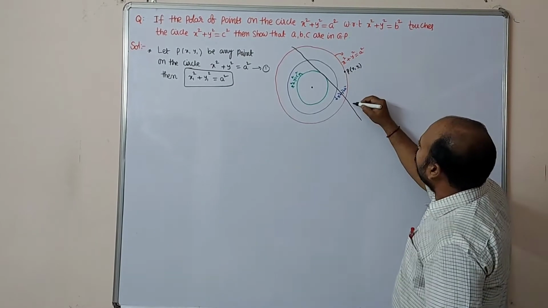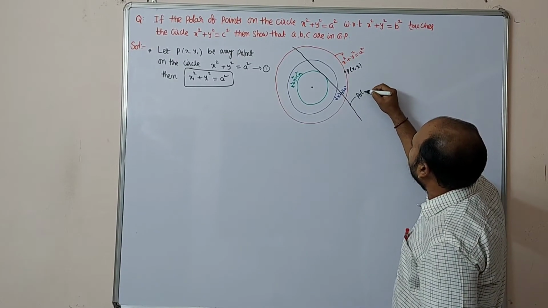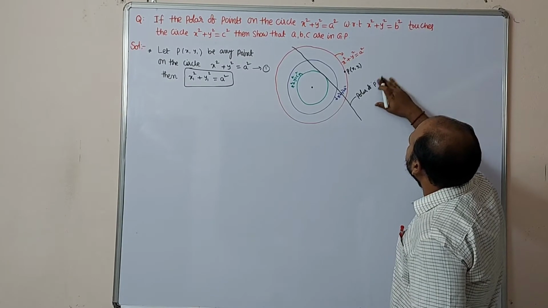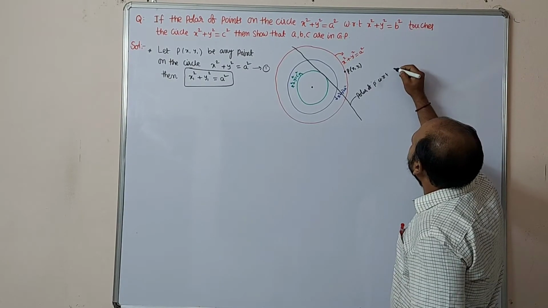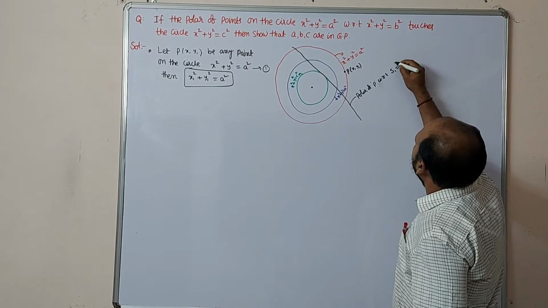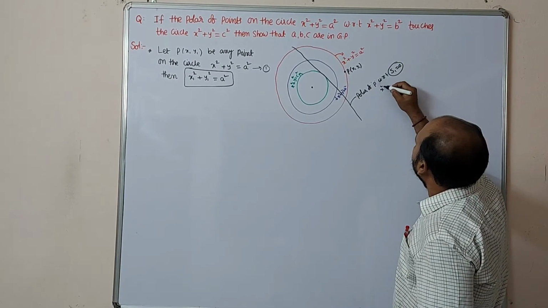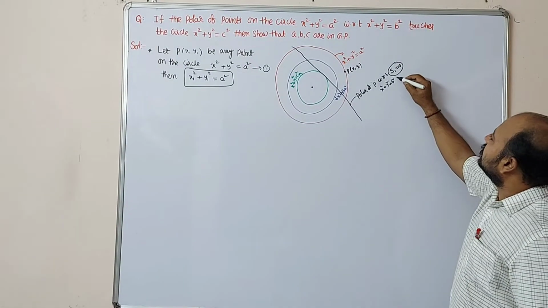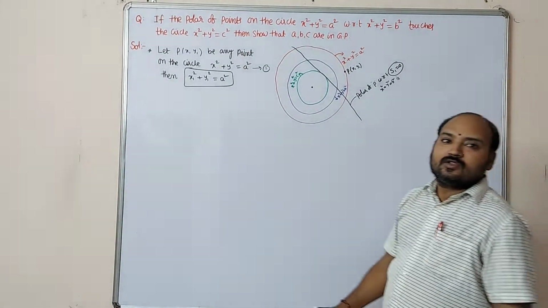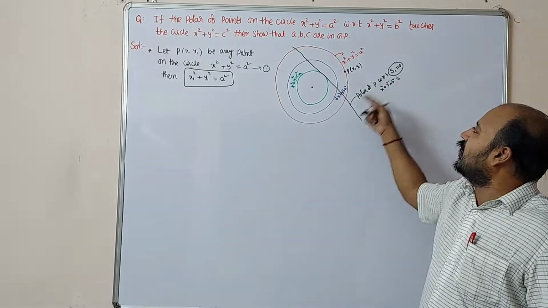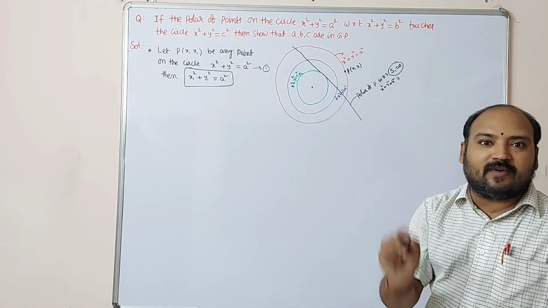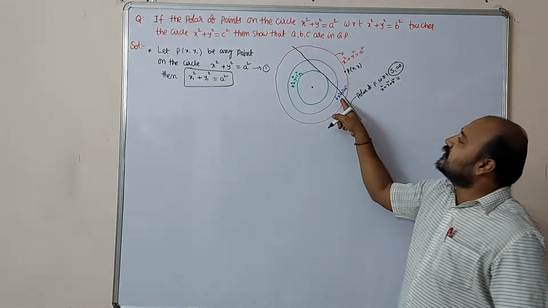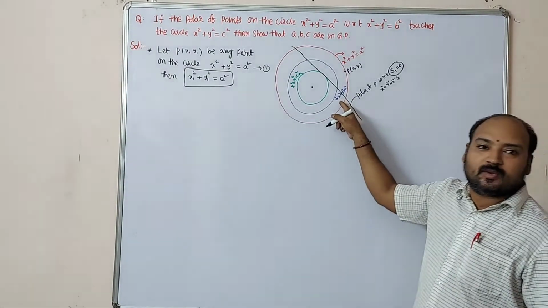This is the polar of P with respect to the second circle, S1 equal to 0, with respect to x square plus y square equal to b square. So we know the polar equation S1 equal to 0 with respect to this circle, x square plus y square equal to b square.